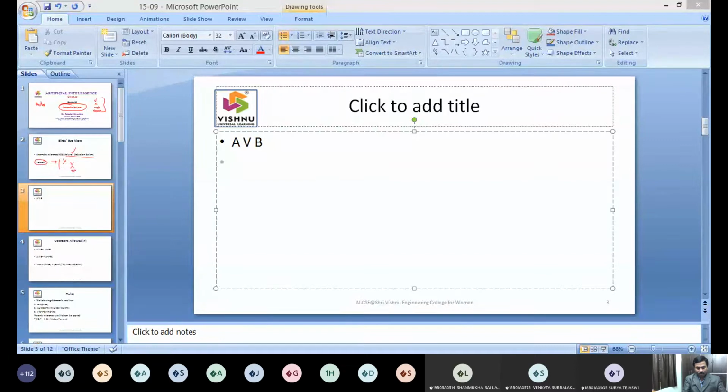A implies B, you are writing negation of A or B. This is what it is. So you know this part, because most of the time you have done your discrete mathematics. I have seen that you have done considerably well in discrete mathematics. So what can be this term in terms of implication now?